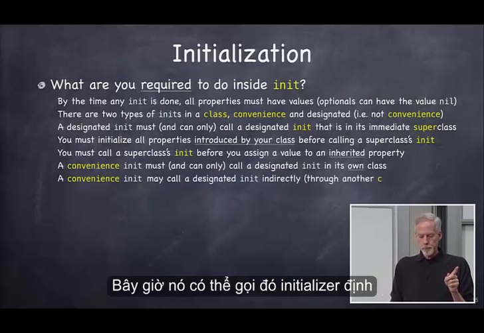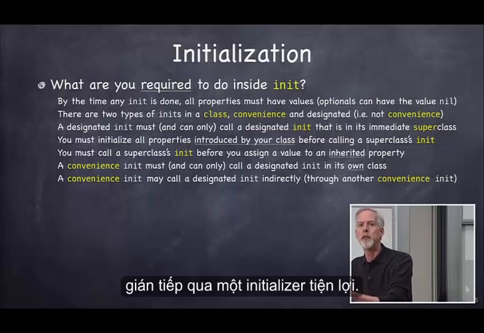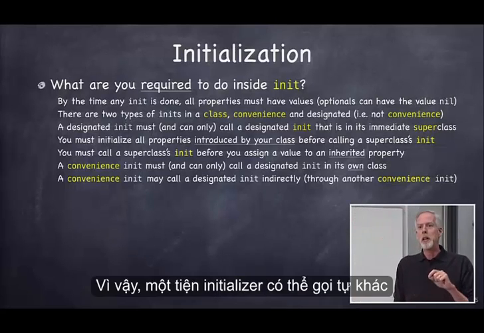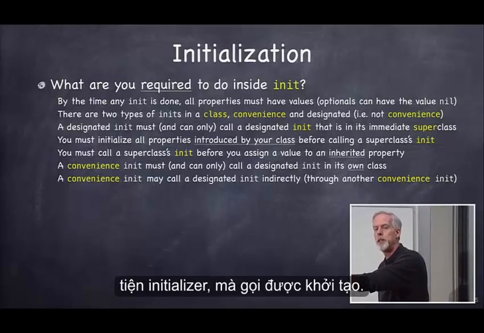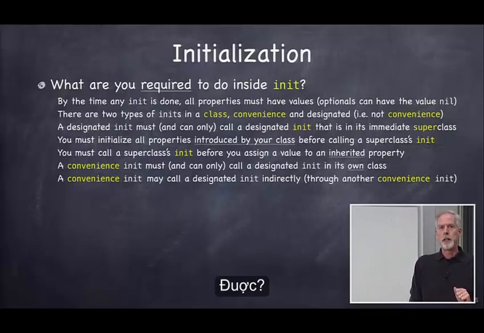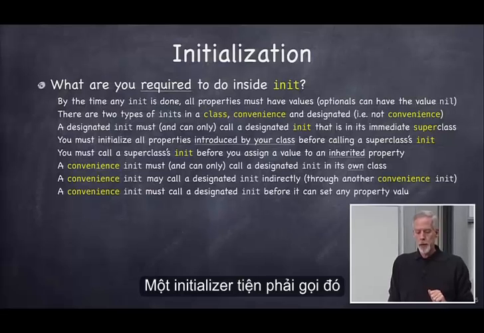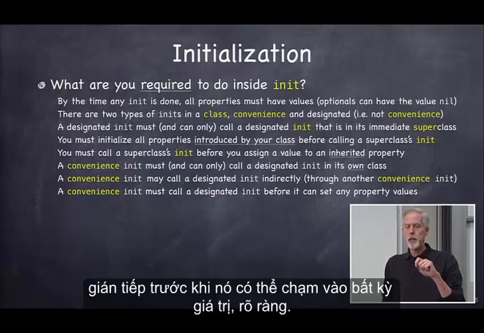Now, it can call that designated initializer indirectly through another convenience initializer. One convenience initializer could call self another convenience initializer, which could call a designated initializer, but eventually a designated initializer must be called. A convenience initializer must call that designated initializer, directly or indirectly, before it can touch any values, obviously.